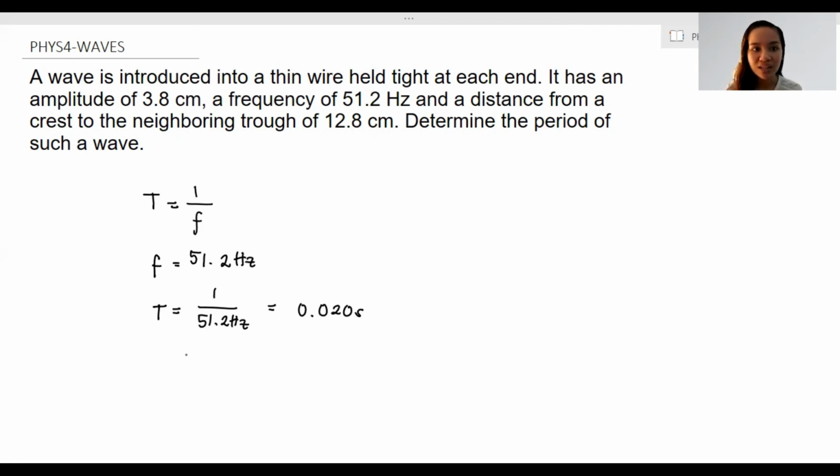It doesn't mean that all the values given in the problem have to be used in solving the problem. Okay, so we'll proceed to the next example.